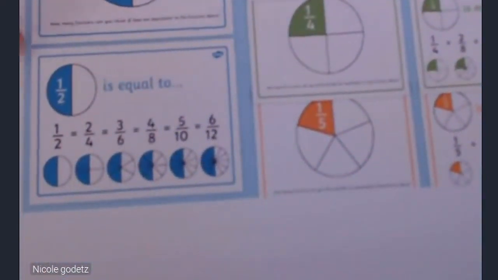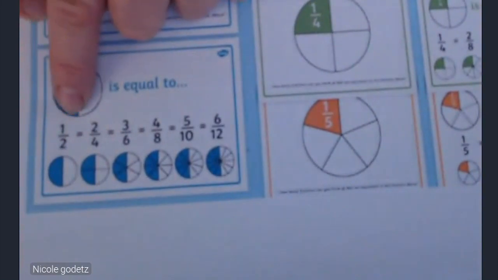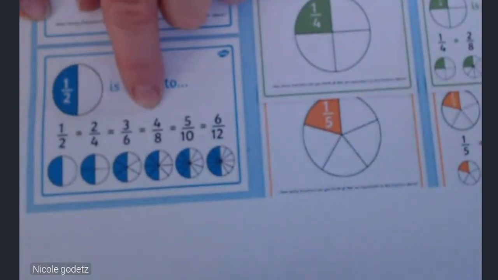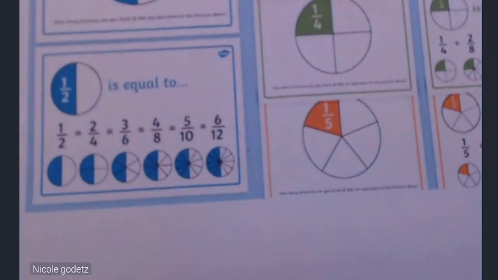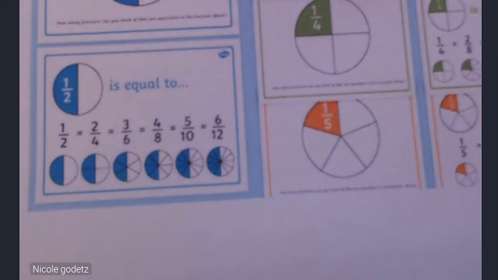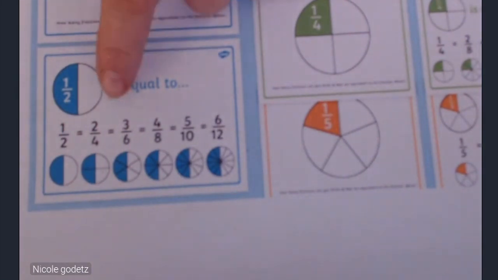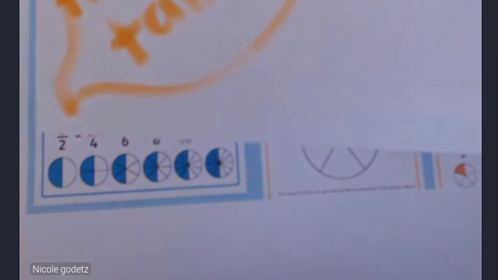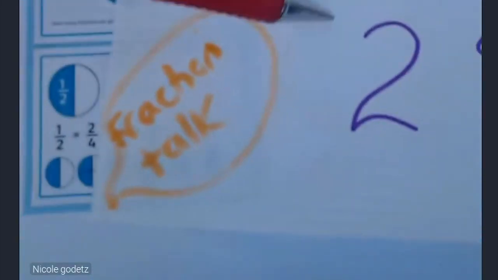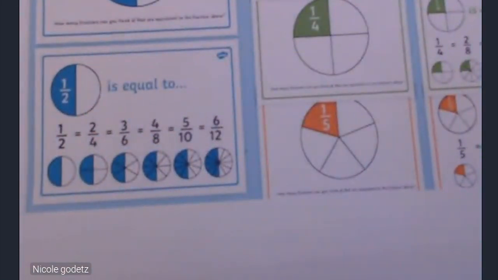Okay, so a half is equal to 2 quarters, 3 sixths, 4 eighths, 5 tenths, 6 twelfths, and so many more like you gave me. What are we seeing about the relationship with the numerator and the denominator in all of those equivalent fractions of a half?